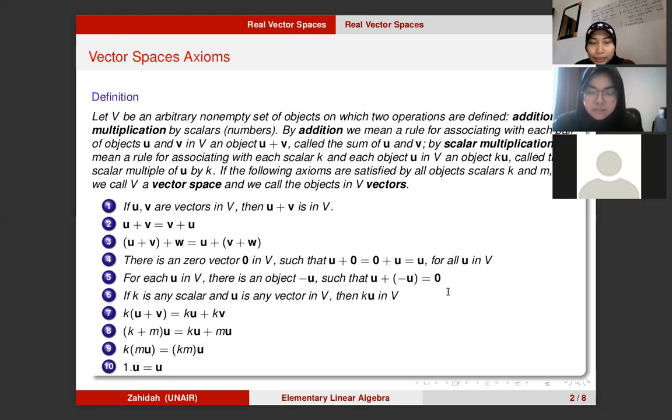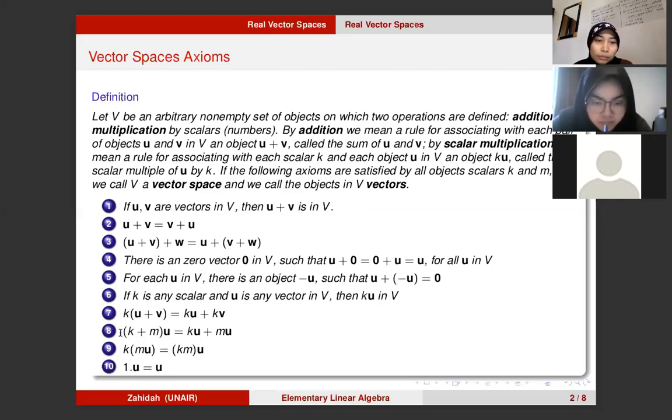Okay, the sixth axiom, we call closed under scalar multiplication. We have scalar k and vector u in V, then k times u is in V. And the next axiom, we have scalar k, and u and v are vectors in V. So k times (u plus v) equals k times u plus k times v.